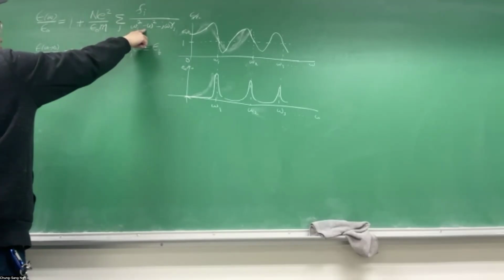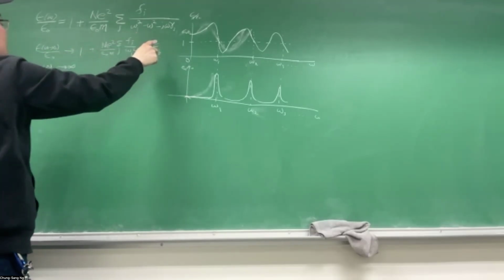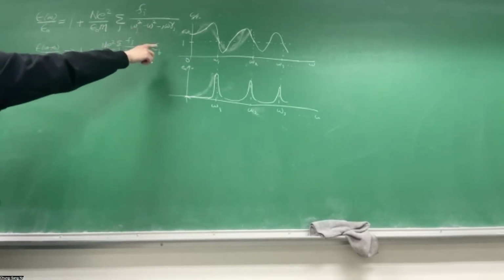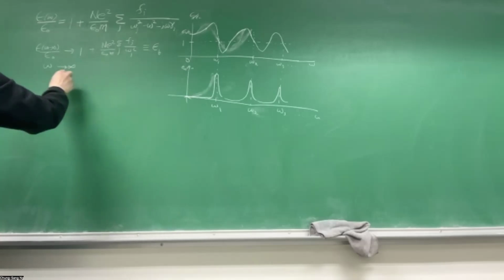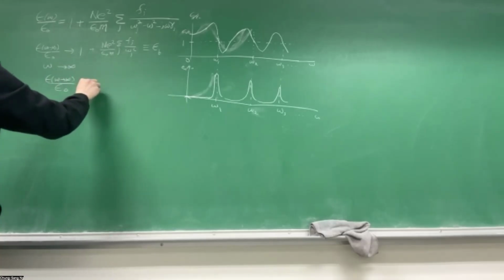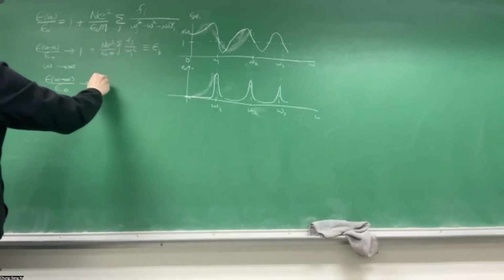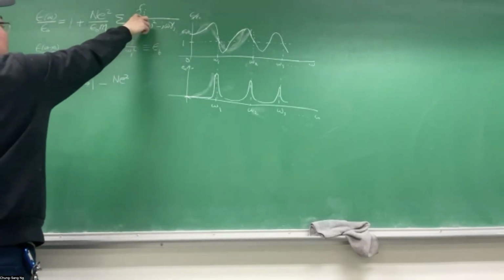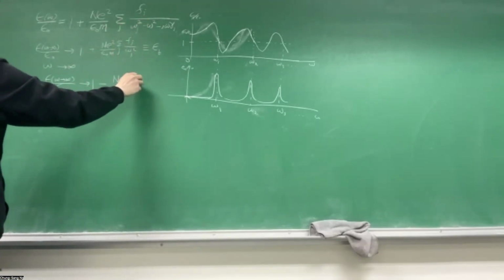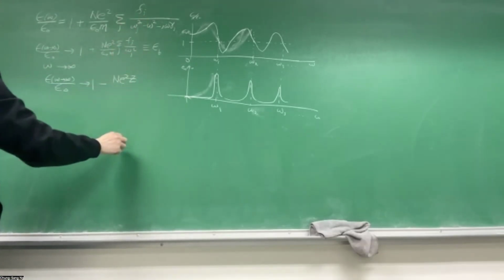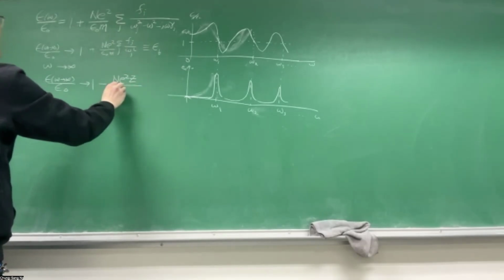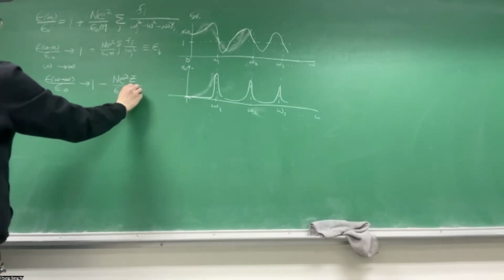So all the terms are negative. Okay, so in this case the denominator does not depend on j anymore, so you can take that out. So as omega goes to infinity, it tends to 1 minus n Z e squared, as the sum over f sub j gives you Z, the number of electron charges, divided by epsilon 0 m omega squared.